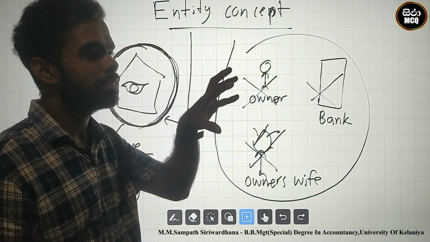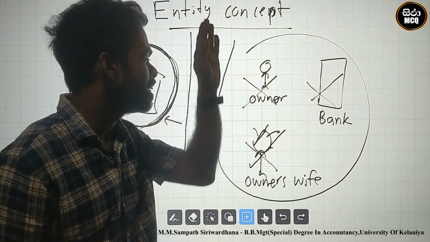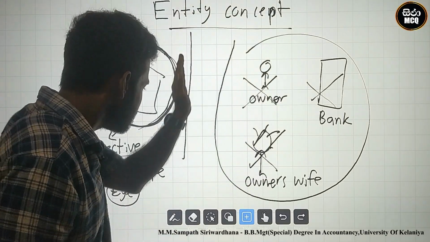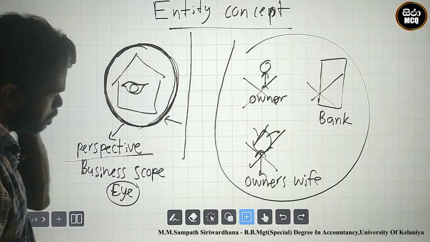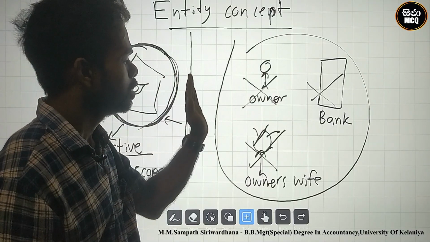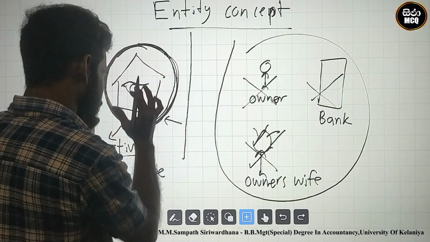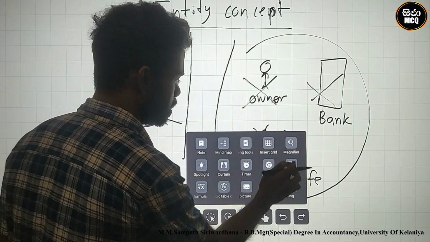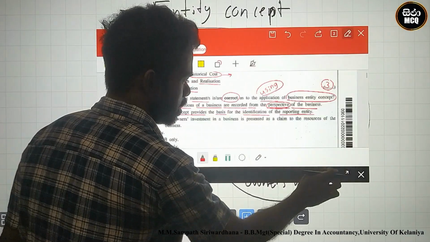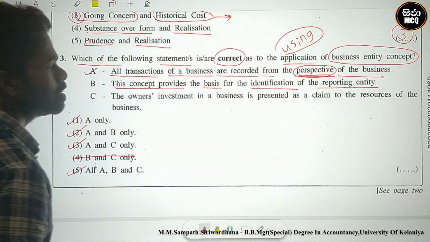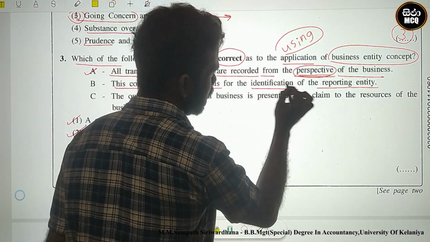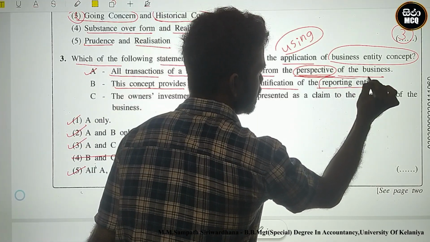This entity concept means which entity is a separate person. Eliminate this one. The separate person, separate identification to business, is announced. Look here, identification of reporting entity.